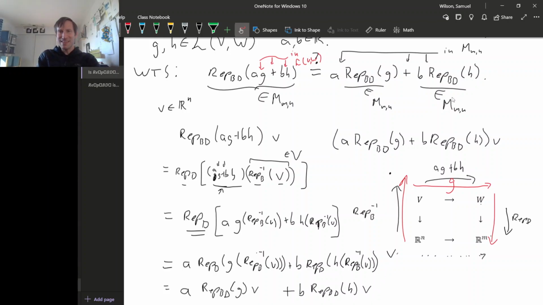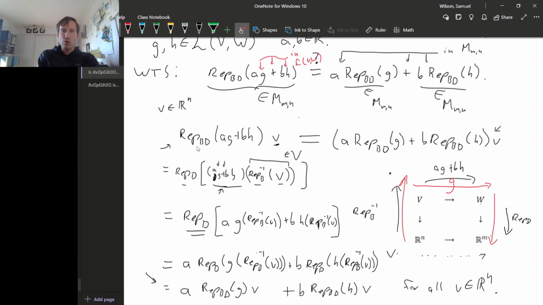But look, that's what we wanted, right? We wanted to show that, and this is for all v in Rn. So what we've shown is that for every vector v, these two things are equal, right? Because we started with this one and we produced that one.